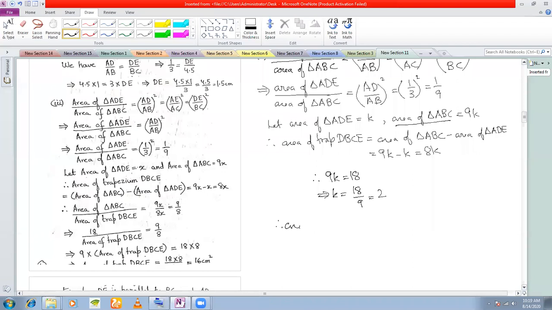Therefore, area of trapezium DBCE is equal to 8K, which is 8 into 2, equal to 16 centimeter square.